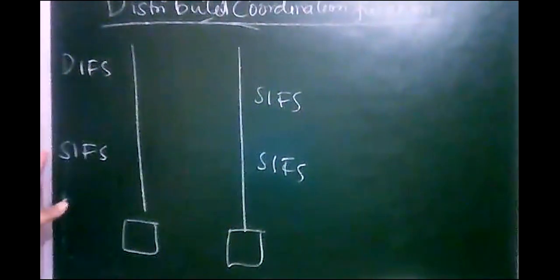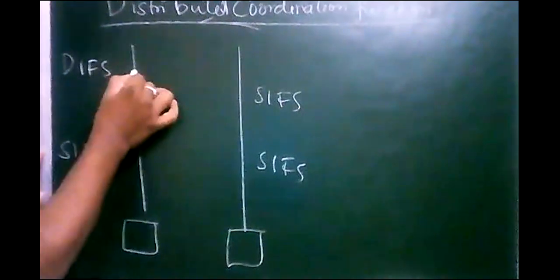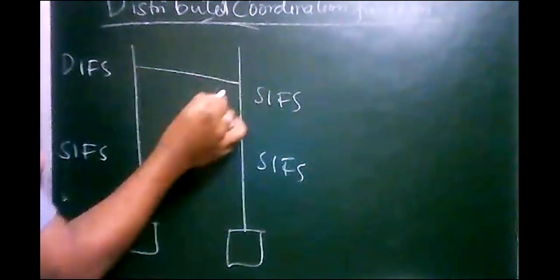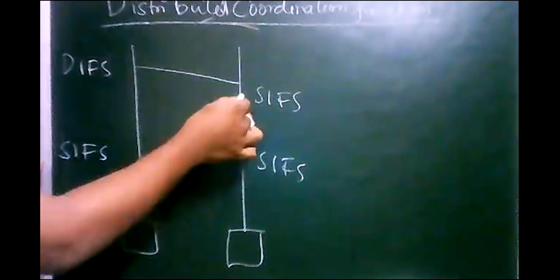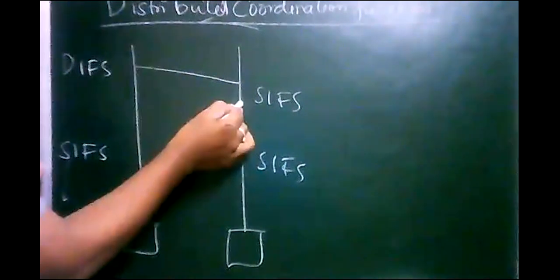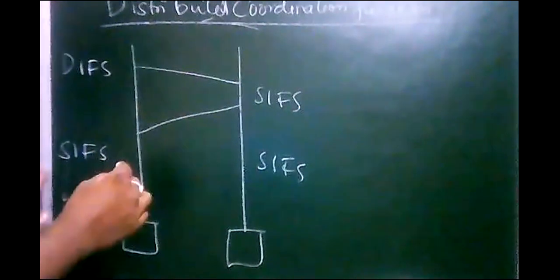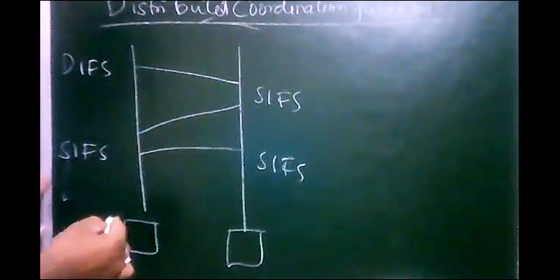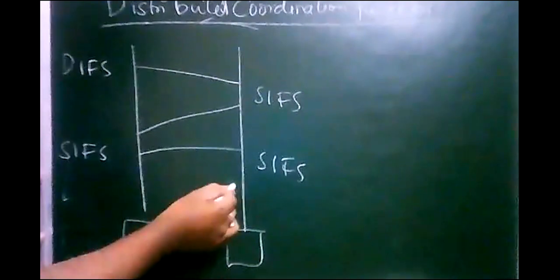So after DIFS, we will send from this, it will be sent here, and from here it will be sent back to here. Then again it will be sent.